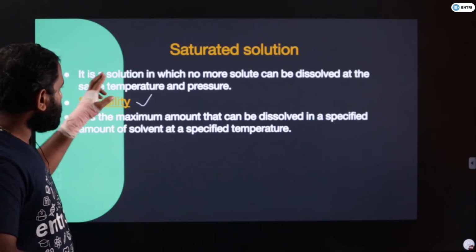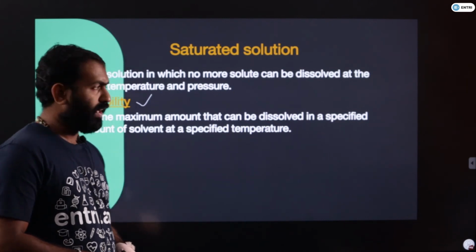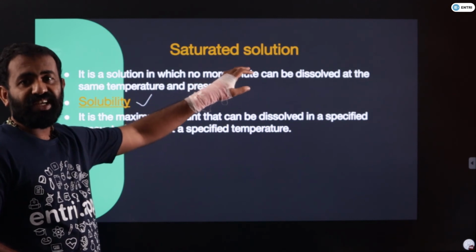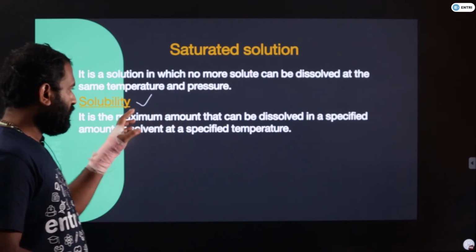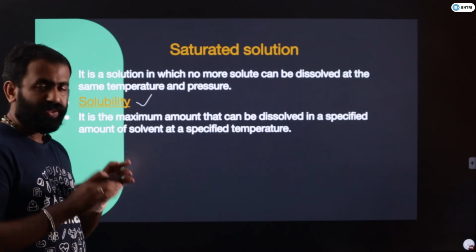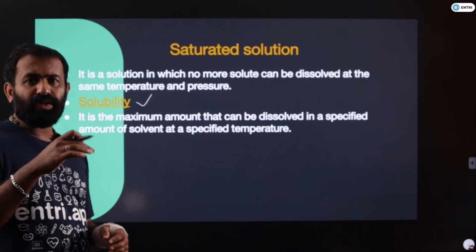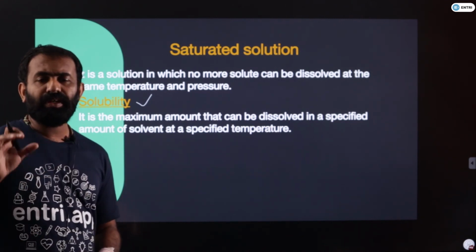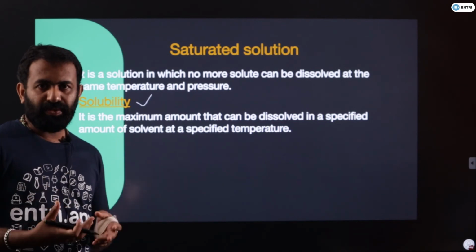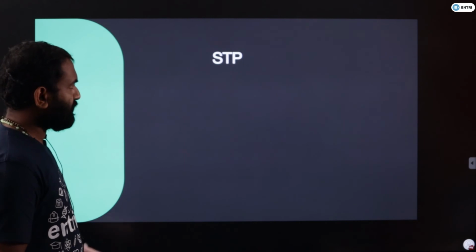Solubility means the maximum amount that can be dissolved in a specified amount of solvent at a specified temperature. Suppose 2 kilogram sodium chloride is dissolved in 100 kilogram water. So solubility is 2 by 100, the amount of solute in the amount of solvent.